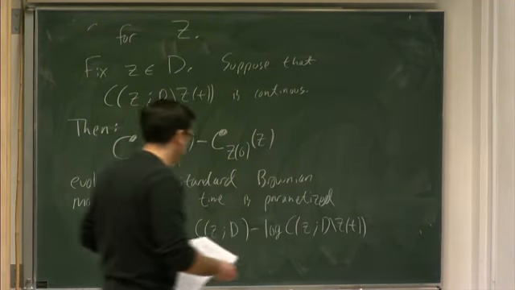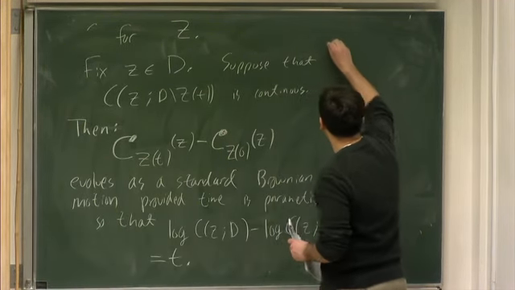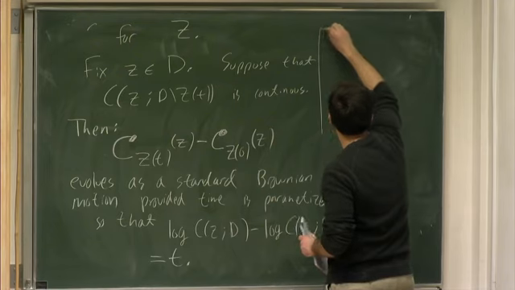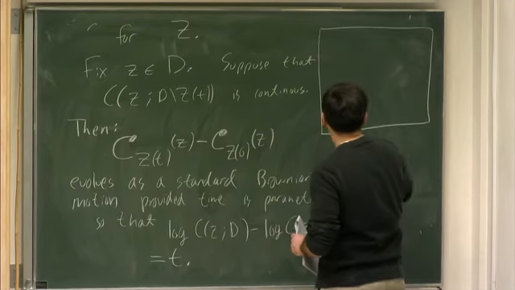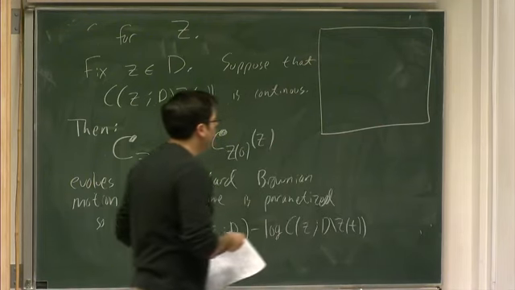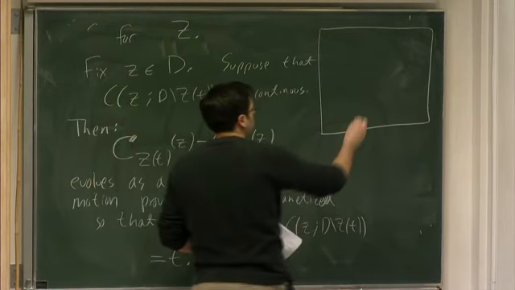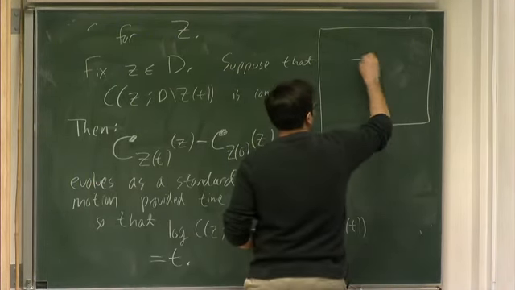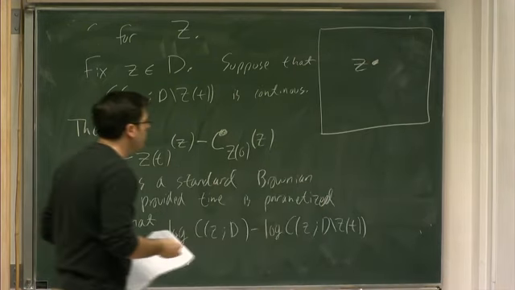So let me draw a little picture now to explain this. So all that's going on here is you have your domain, like this square here, and you imagine that you fix a point here, like z.